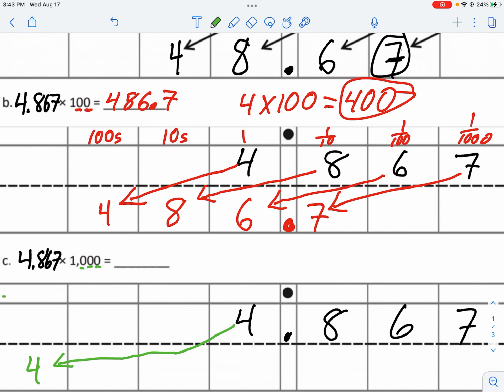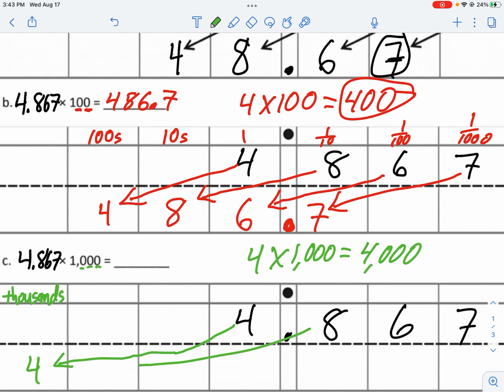Now remember, this is our thousandths place. Remember that 4 times 1,000 is equal to 4,000. So we already know our answer is going to be close to 4,000. Now we're going to move this over 3 spaces. We have 3 zeros. And we're going to move the 6 and the 7.